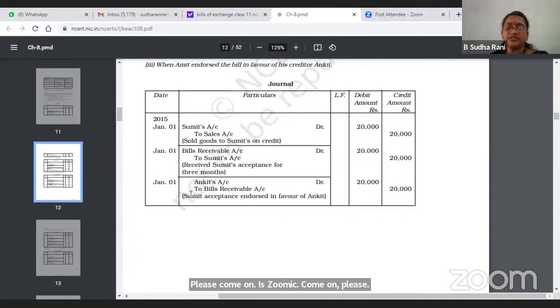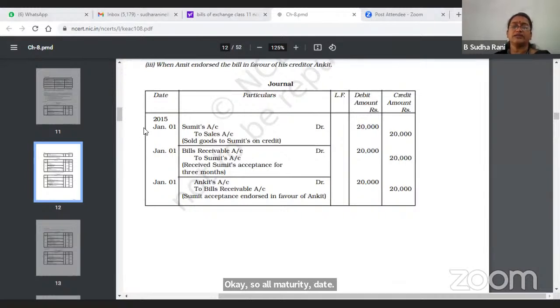On maturity date, the bill amount is taken by whom? Amit will not take. Ankit will take. Why will Amit not take? Because Amit transferred the bill to Ankit. So on maturity date, Ankit will take the amount from Sumit.